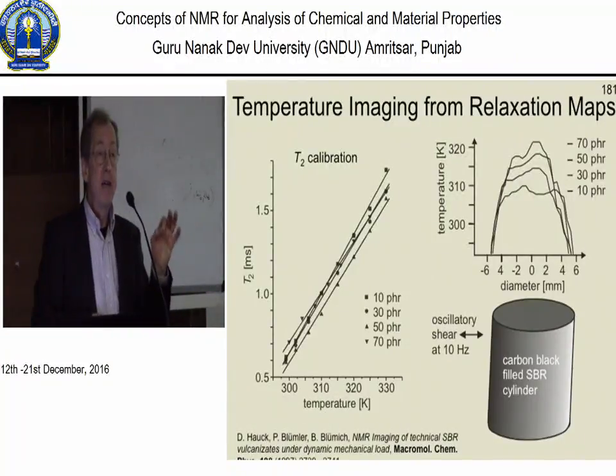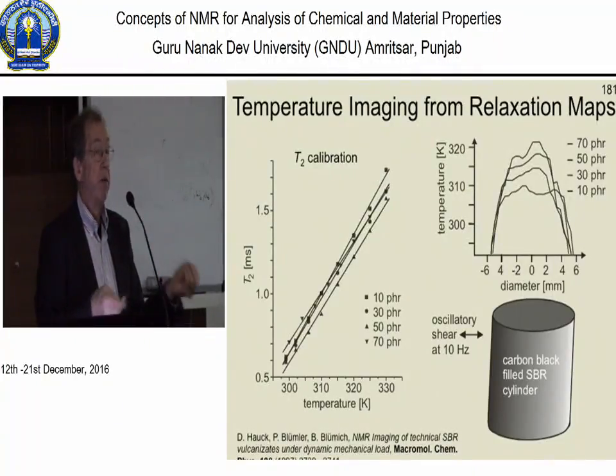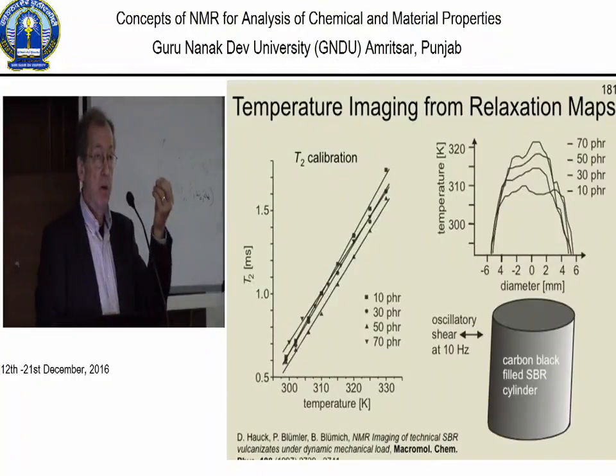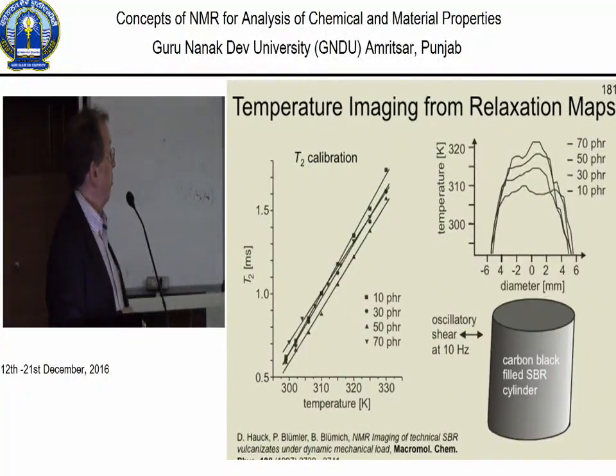And any change in mobility is noticed by the relaxation times T1 and T2. Relaxation times are sensitive to molecular motion. If you change the molecular motion by warming the sample up, relaxation times change. So this is what we exploited.